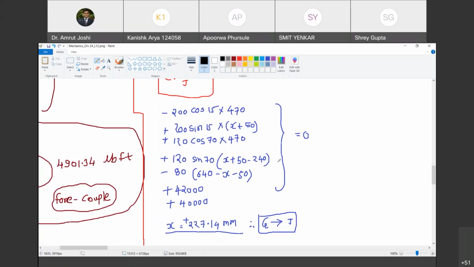So it's giving us 515.5. No, I got it as 227.14 itself. How much are you getting? So I got 515.5.